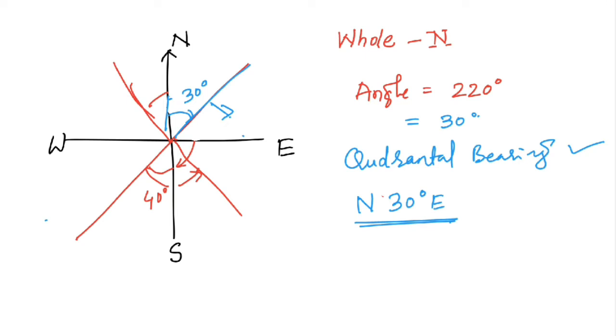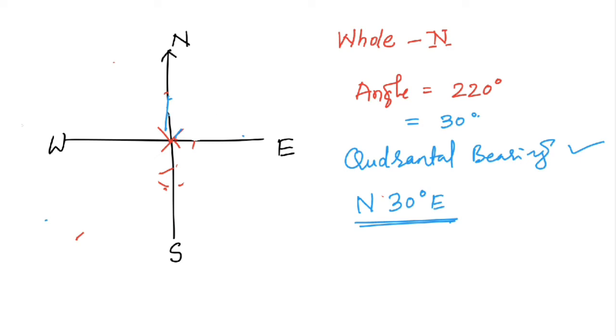Whereas I'll take another example. Suppose if the line is here, it is a 60 degree, or I'll take a 50 degree.